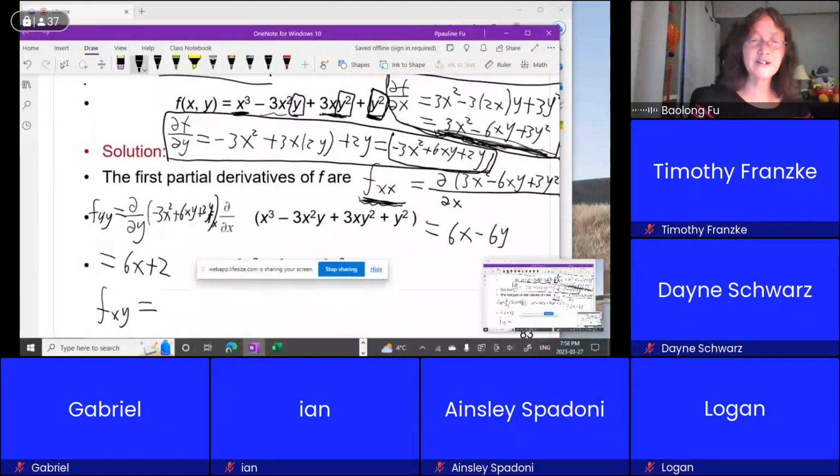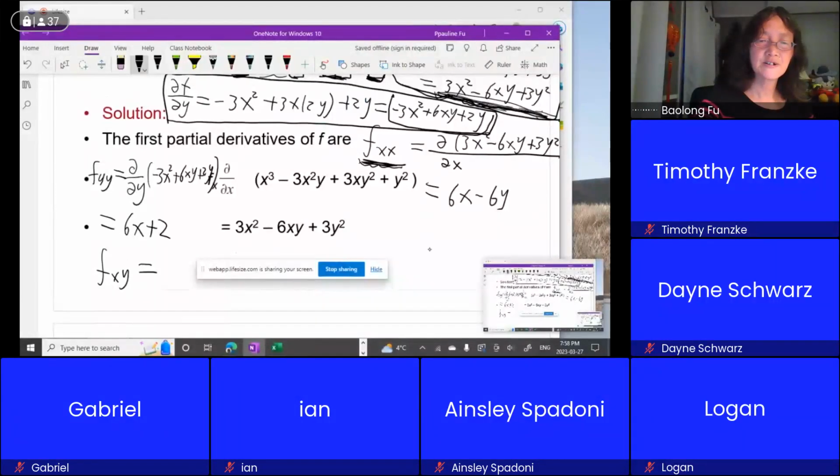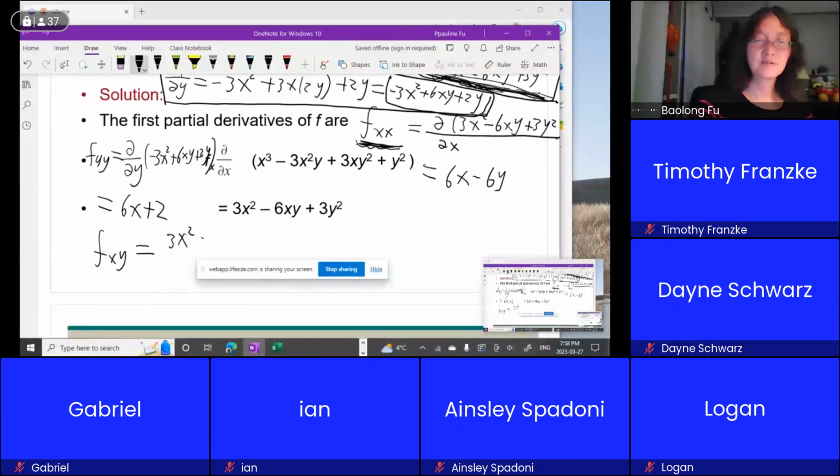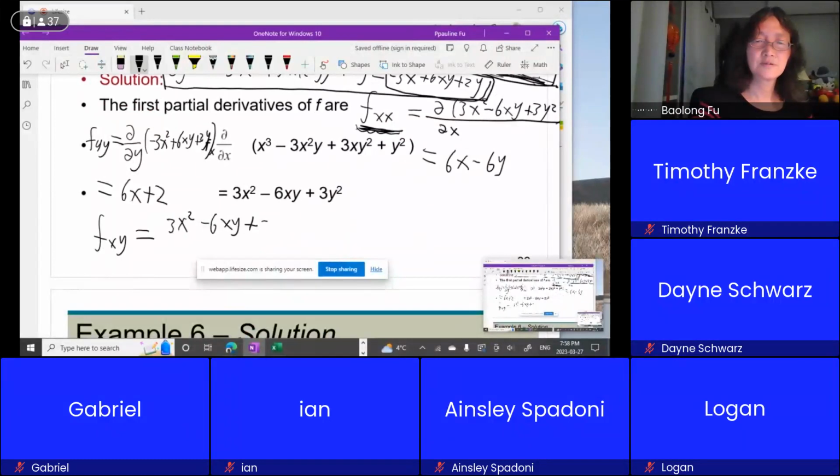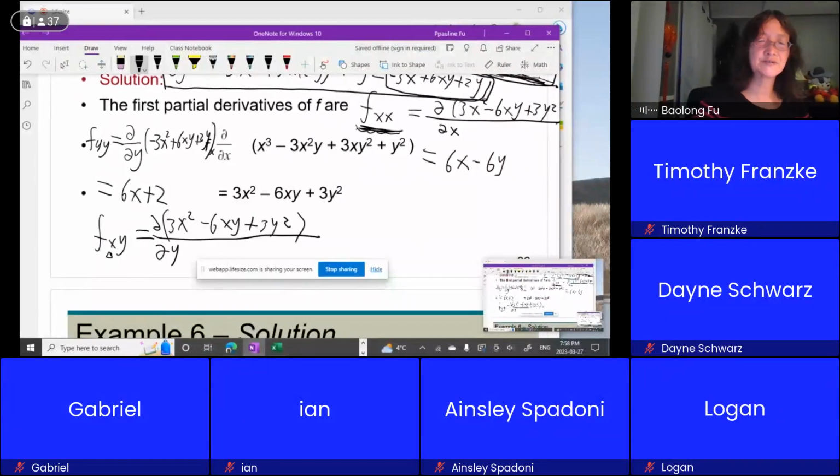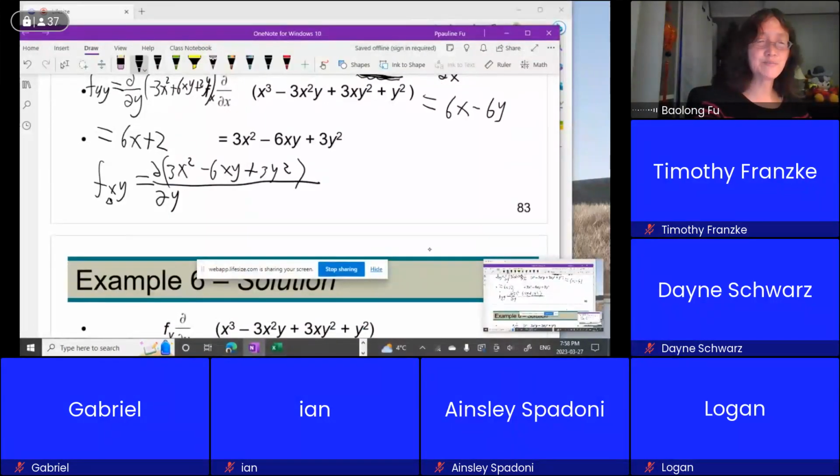Take derivative of x. So take first derivative x, you got this. And then this, take derivative of y. So this is the meaning of fxy. Okay, so only take derivative for y, x is constant.